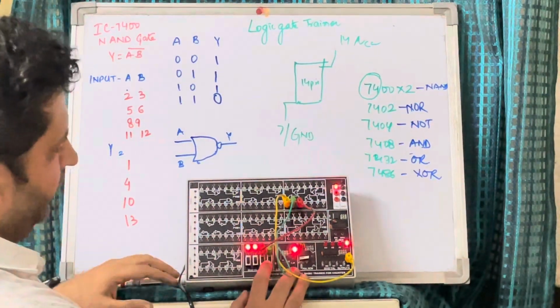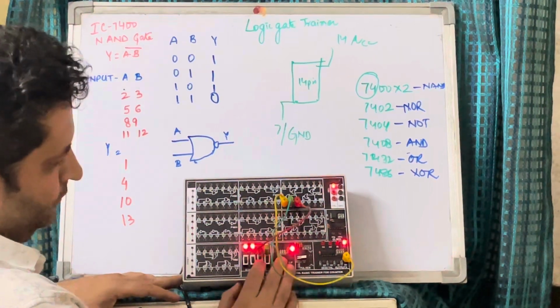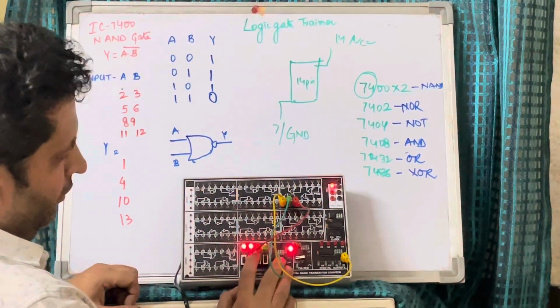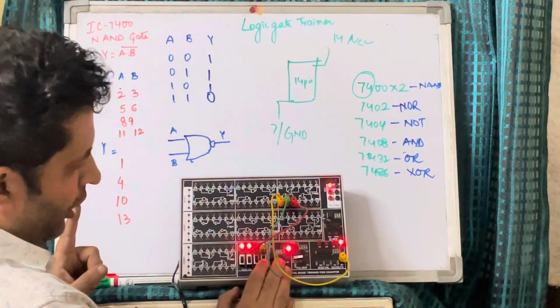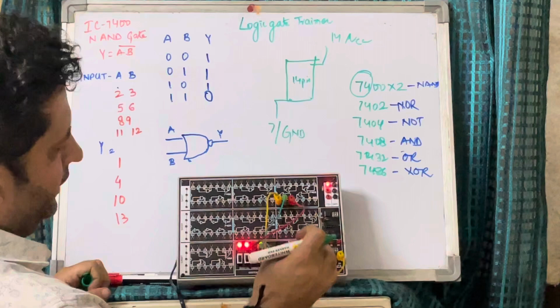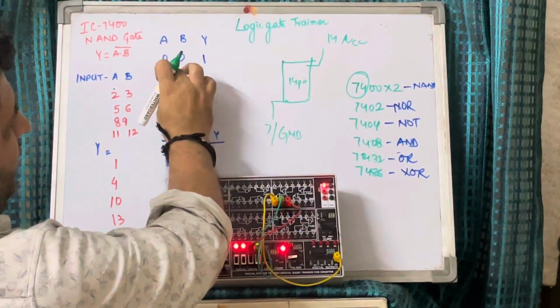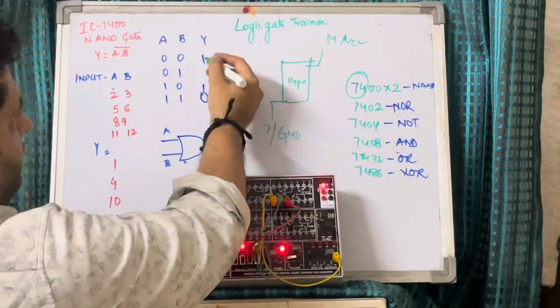Now first of all what I have done is 0, 0, output is 1. Now 0, 1: A is 0, B is 1. The output is 0.